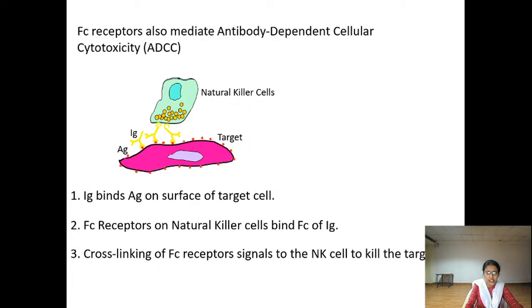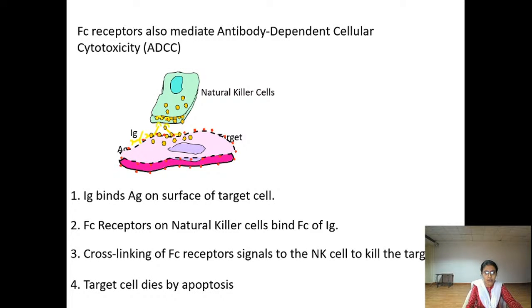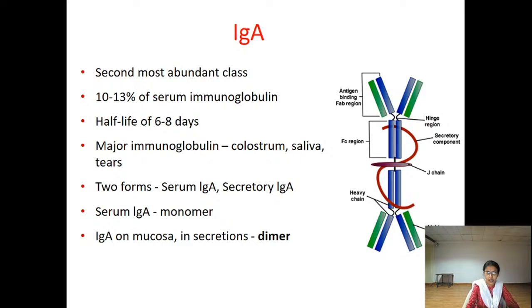Then coming to IgA. It is the second most abundant class and it constitutes about 10% of the serum immunoglobulin, and the half-life of it is 6 to 8 days. It is a major immunoglobulin found in the secretions like saliva, tears and colostrum. So this IgA has two forms. One is serum IgA and the other is secretory IgA.